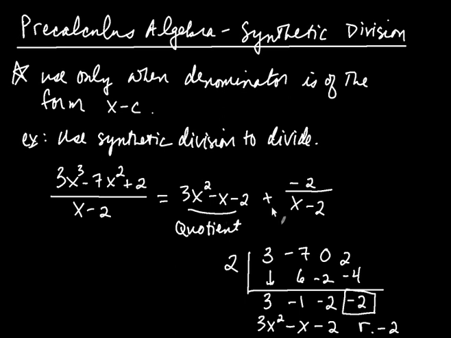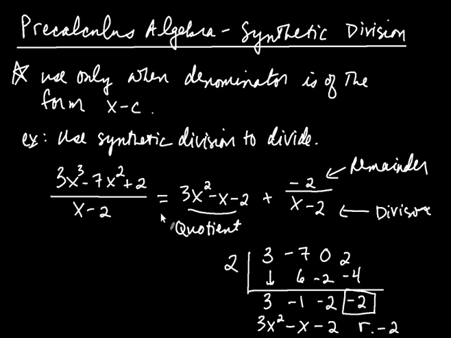So this would be our answer. We have our quotient plus our remainder. That's your remainder. That's what that little r was for, remainder. And then in the denominator there, that's your divisor. Okay, so now that's how you perform synthetic division.